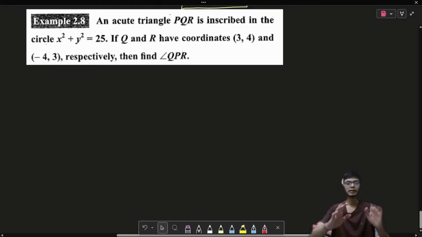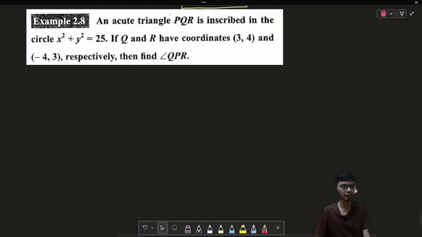Please try to read the problem first, and then depending on whatever you have understood, please try to get to this angle. Try it out. Everyone, please try it out. Try to solve this problem.